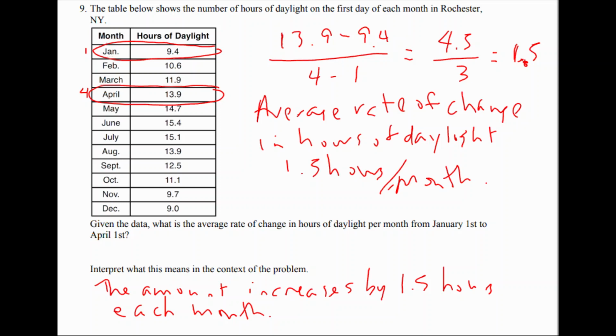So we put of daylight here. Not only do we find the change in hours divided by the change in months to find an average rate of change, we also need to interpret what it means. Okay, so that's question number 9.